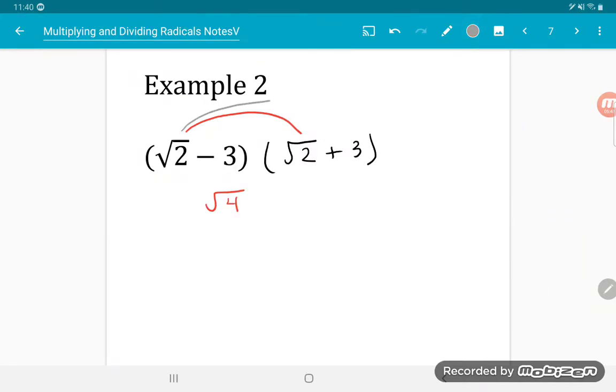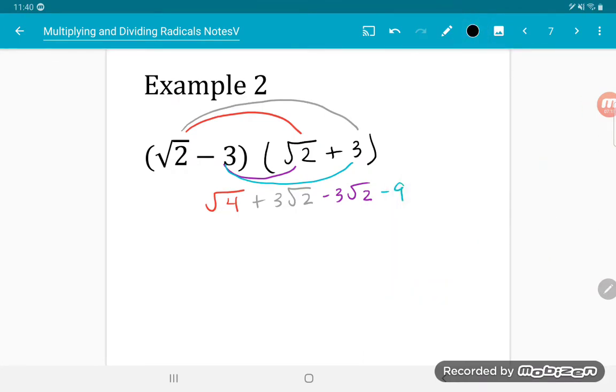The outer terms, square root of 2 times 3, is a positive 3 times the square root of 2. The inner terms are a negative 3 square root of 2. And then finally, those last terms, negative 3 times 3, is a negative 9.